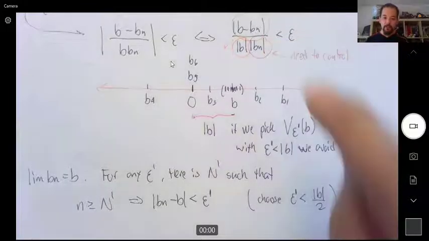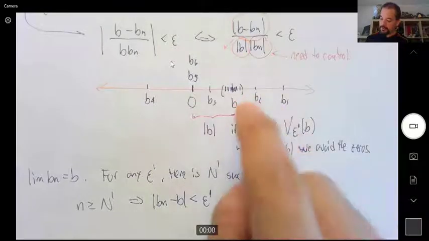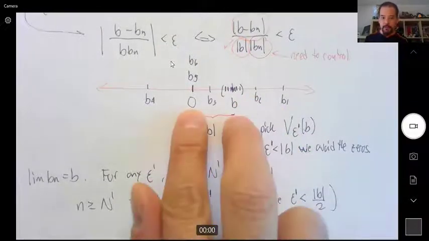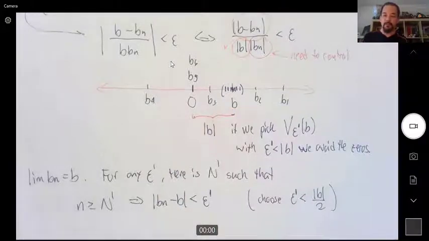And so that's what we did. We used that the limit is b, and we used as our epsilon prime for now something that is less than absolute value of b over 2. So we took just the distance from 0 to b, this one that you see right here, and we halved it. We use half of it to give ourselves a little bit of leeway in case we need more for something else.